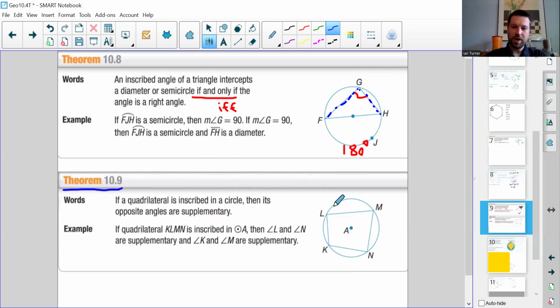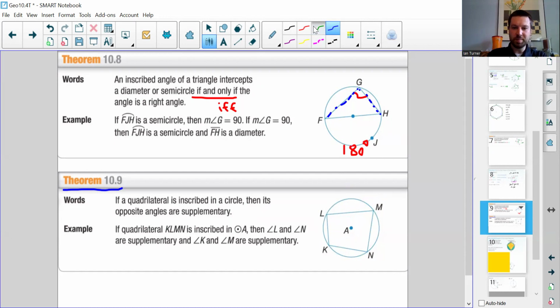So if you ever see a quadrilateral inside a circle, it could be a kite, it could be a rectangle, it could be just a quadrilateral, it could be a parallelogram, any of them. The opposite angles are going to be supplementary, right? Now, this was true of parallelograms when we did that way back in the day, but it wasn't true of any random thing, but in a circle it is. And it makes a lot of sense.